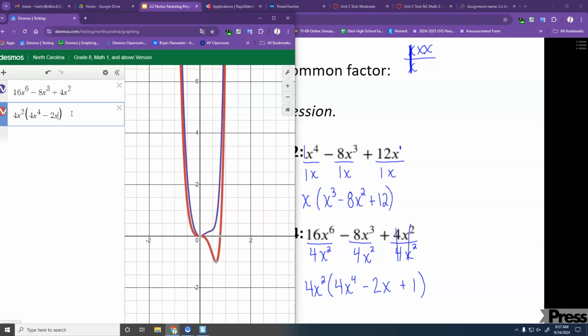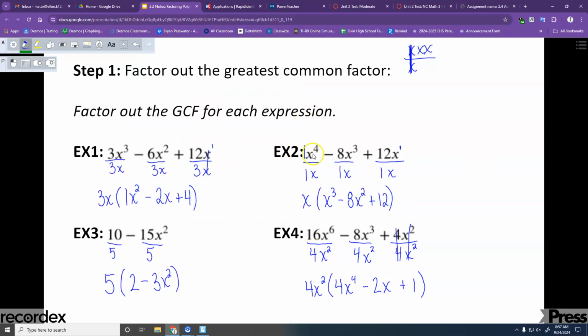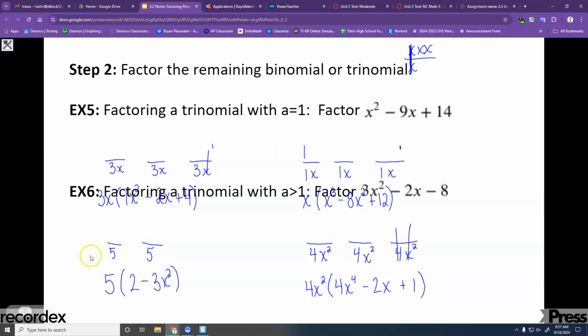Notice what happens if I forget that plus 1, the graphs don't match anymore, right? So it's a good idea to type it in to check to make sure you're doing it right on those. Plus, if you see these as multiple choice, you can just type answer choices in to see which one matches. And you'll see something like that. Okay? All right, questions? All right, greatest common factor is the first thing you're always going to do.